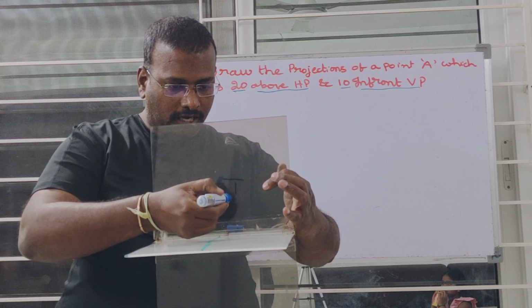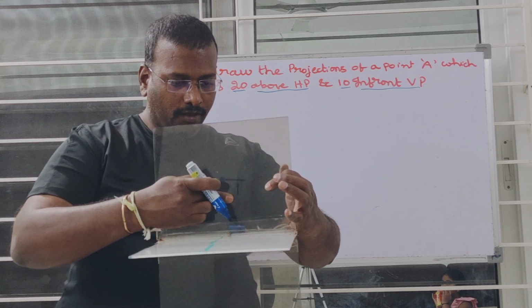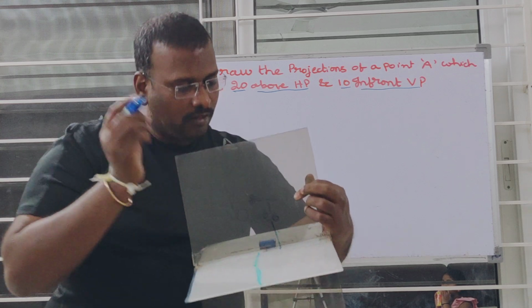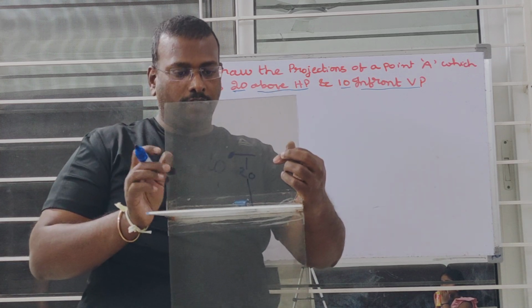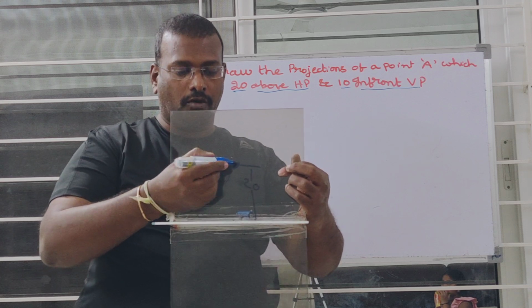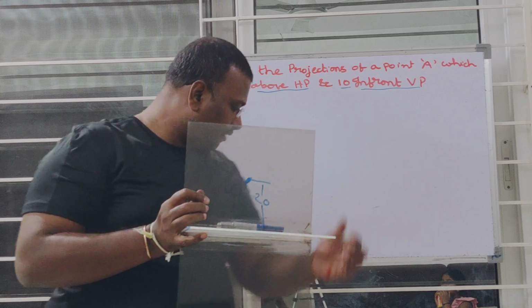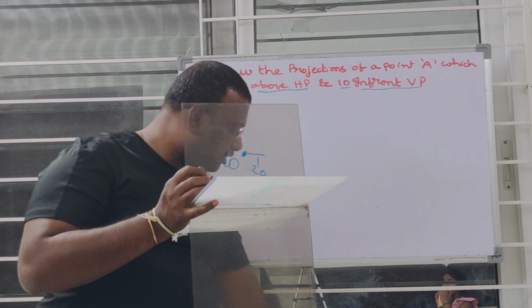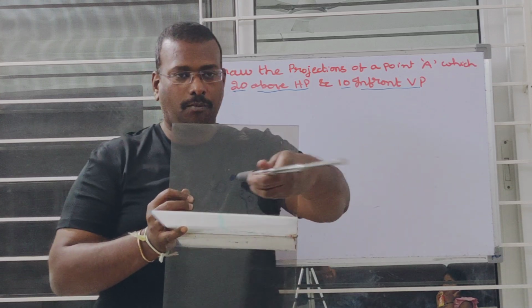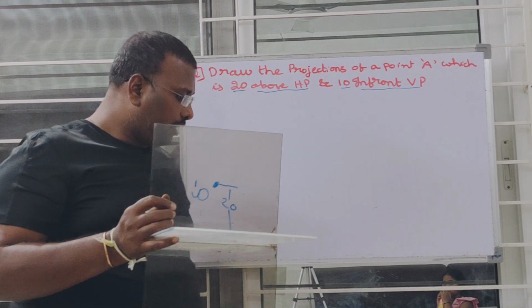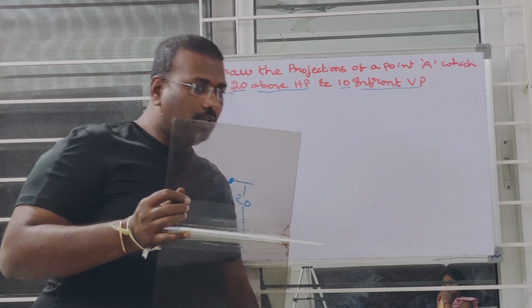How much is this length? This height is going to be 20. And in order to get this shadow, we require the ray, that is, a projector. This is the projector for the front view. This projector appears in the top view. So the front view is over.